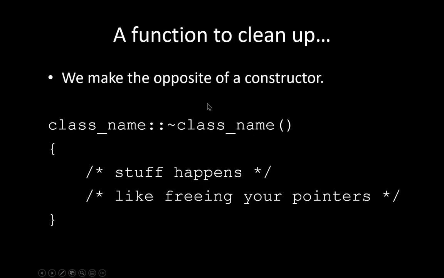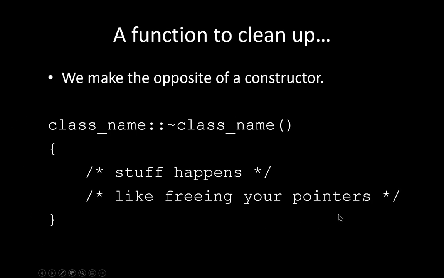This is called a destructor. And a destructor is a function that you want to call when your class is no longer being used. So what you can do is put code in here that frees up pointers, deallocates things, closes files if you've got file pointers open. And so this is your destructor.